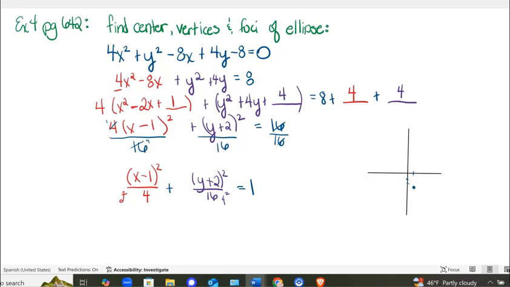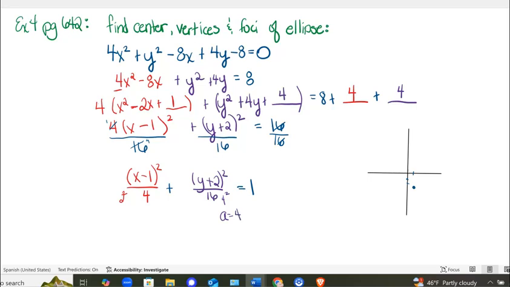Now, my major axis is the vertical one, because the larger term is under y. And my a term in this case is not 16, but 4, because a squared is 16, so a is just 4.